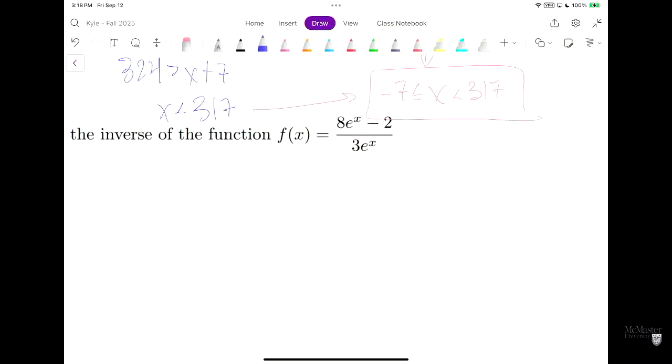We can multiply the numerator and the denominator by the same thing, and we can also divide the numerator and denominator by the same thing. So let's divide the numerator and denominator by 1 over e to the x.